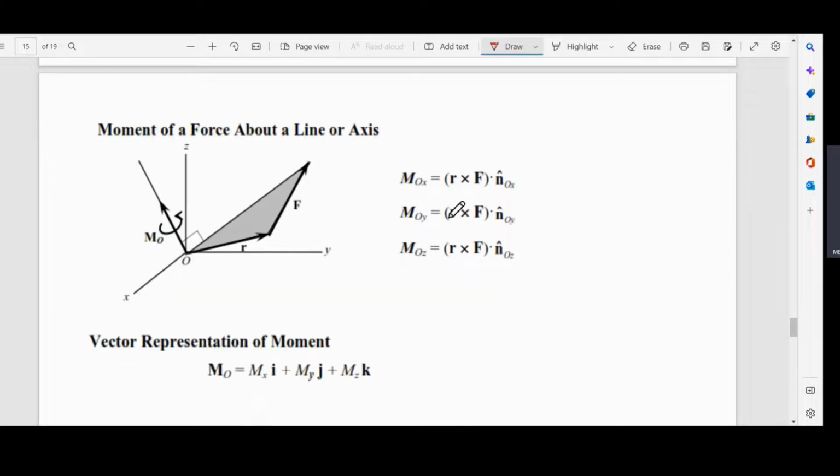Next, we also have the moment of a force about a line or axis. So dito na involve yung ating 3-dimensional moment of a force about a line or an axis.